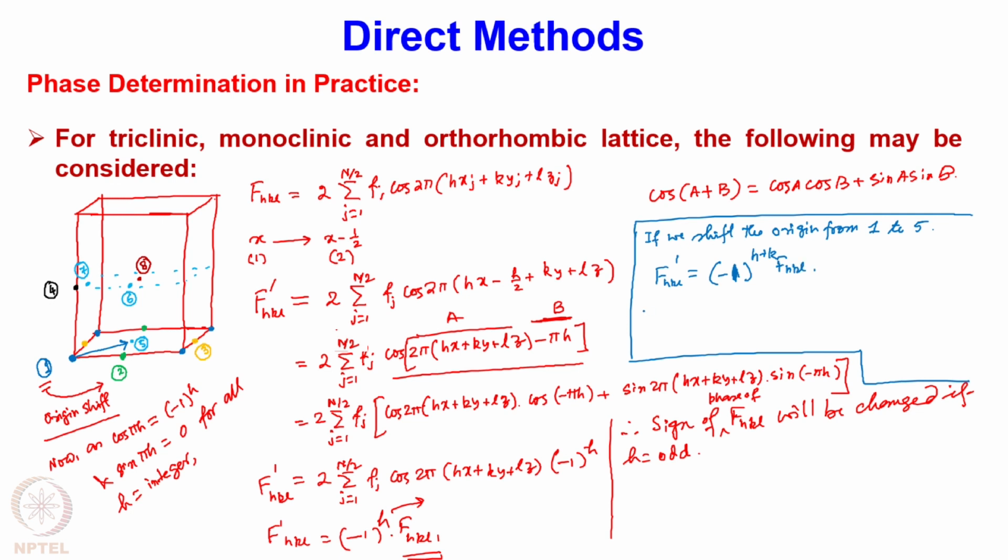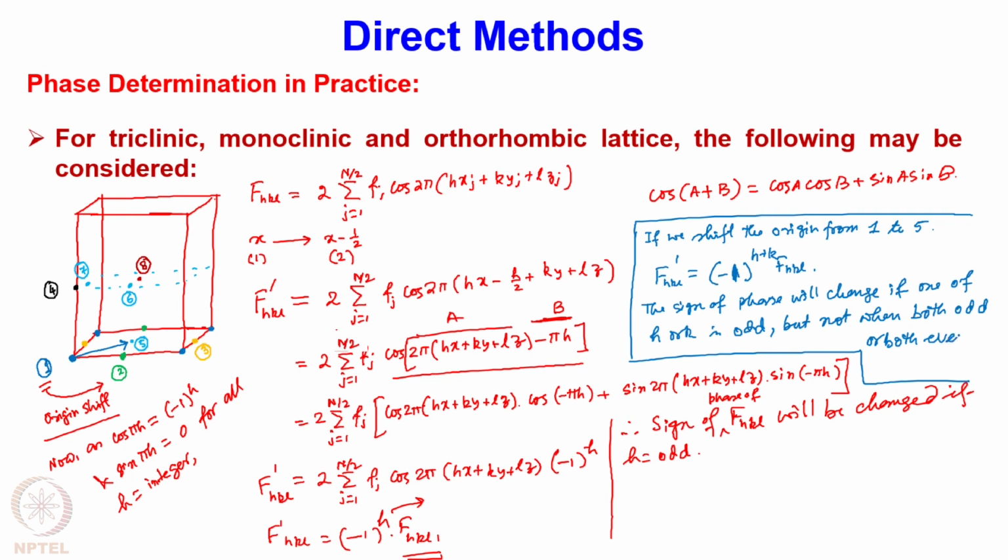So, in that case, the sign of phase will change if one of h or k is odd, but not when both are odd or both even.